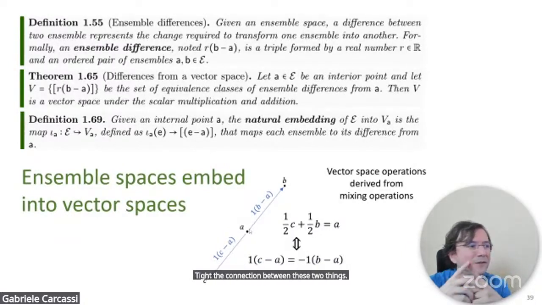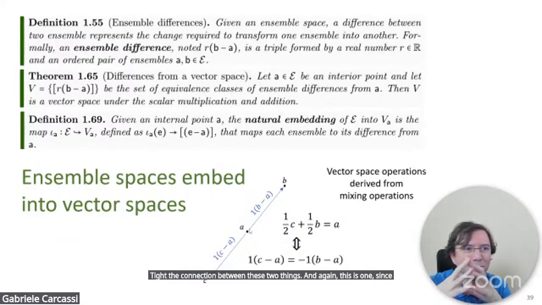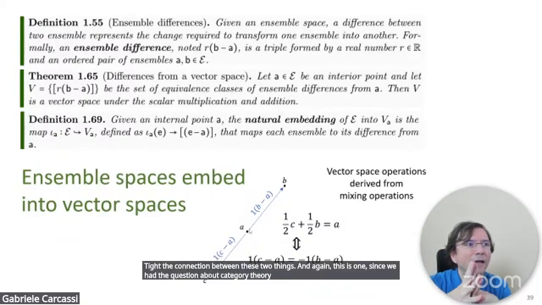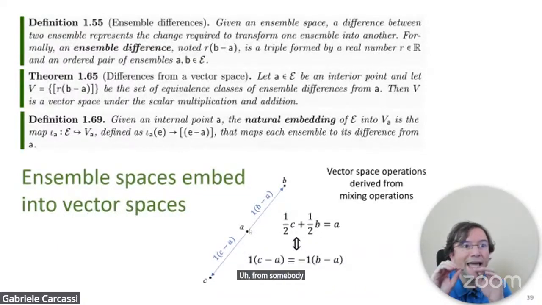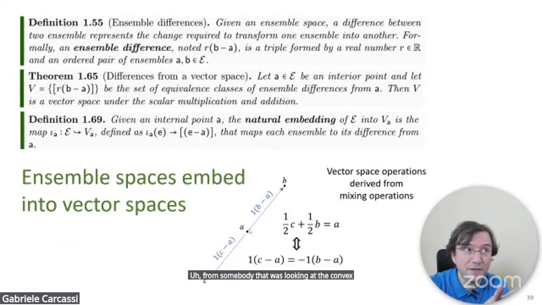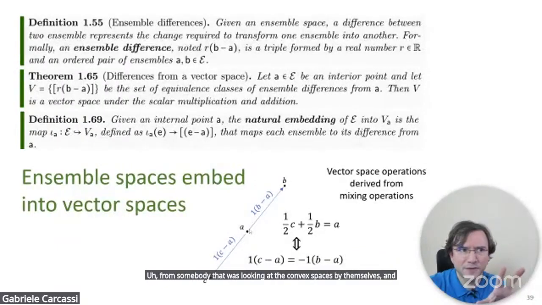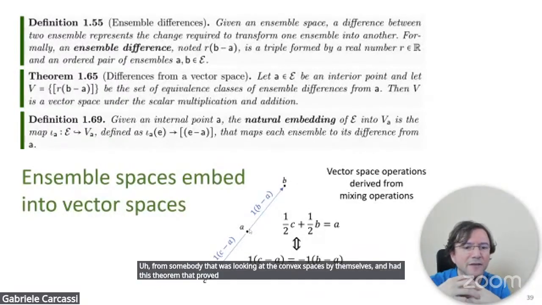And again, since we had the question about category theory before, some of these results I actually got from somebody who was looking at convex spaces by themselves and had a theorem proving that if convex spaces are cancellative, they embed in a vector space.